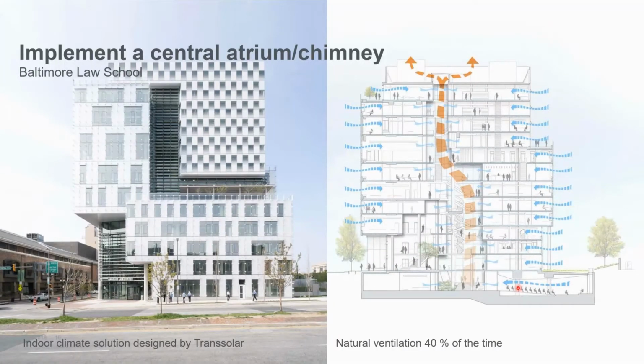So all the occupied spaces will have fresh air, and it will all be pulled towards the central atrium and exhausted through the roof. The overall indoor climate design or solution was designed by Transolar in this great project.